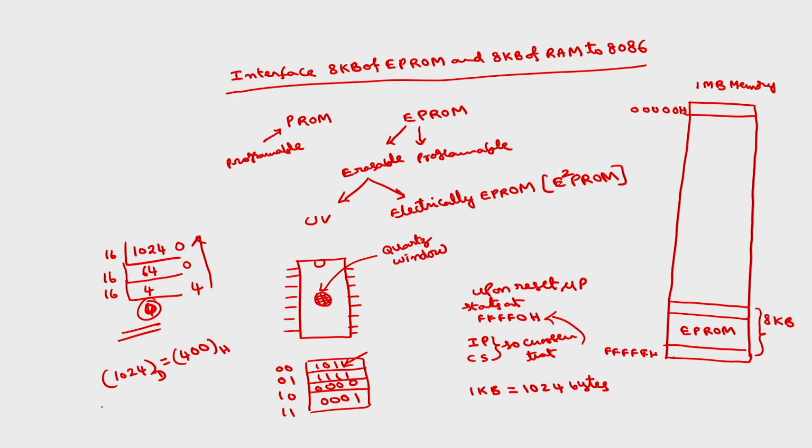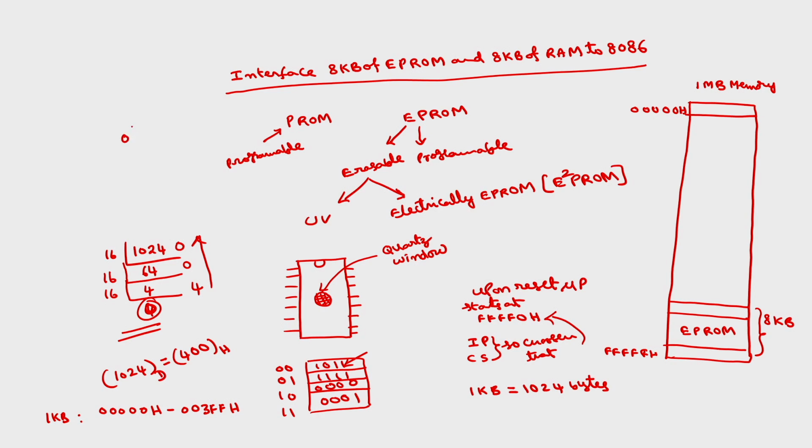Suppose I start with 00000H. One less than this total will be 003FFH. This will represent 1K, because 0 to 3FF means a total of 400, since you are including 0.